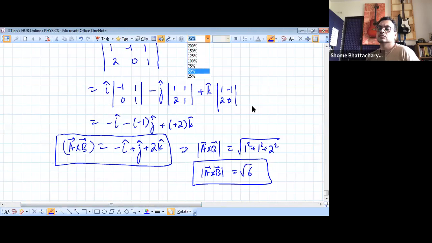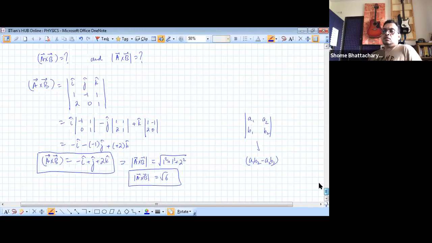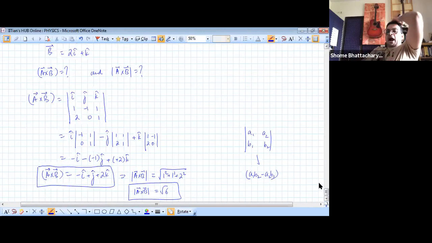Understood, Sarvesh? That is the rule of the determinant. The middle term comes with a minus sign.